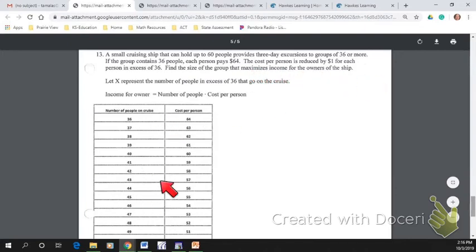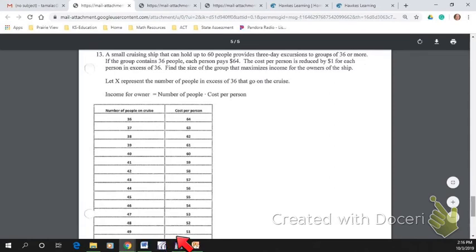So I basically listed all the possibilities out here, which you're probably not going to want to do when you're working the problem necessarily. But you can see if you have 36 people on the ship, the cost is $64. And then as you increase by 1, this decreases by 1, right? So why 50? You multiply those, the two biggest numbers in the middle.